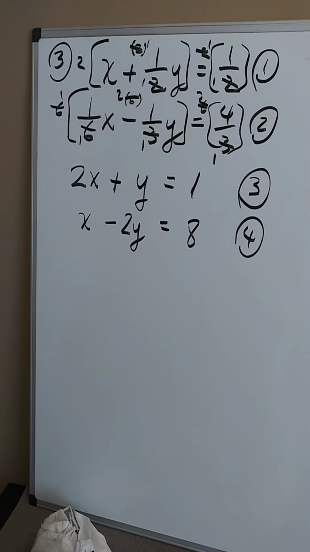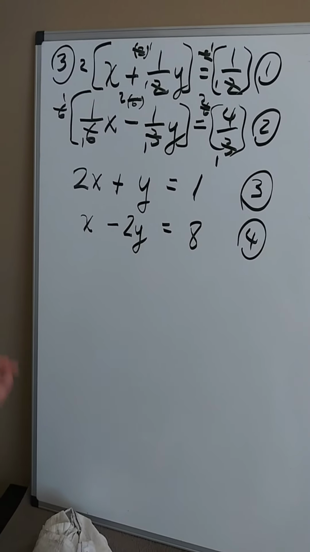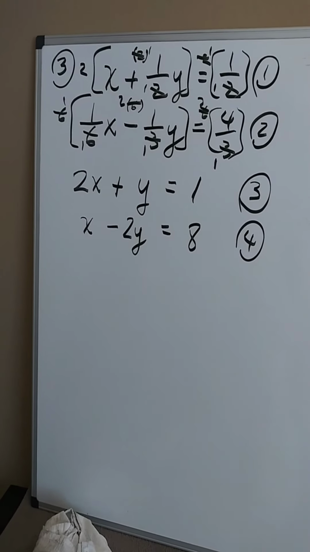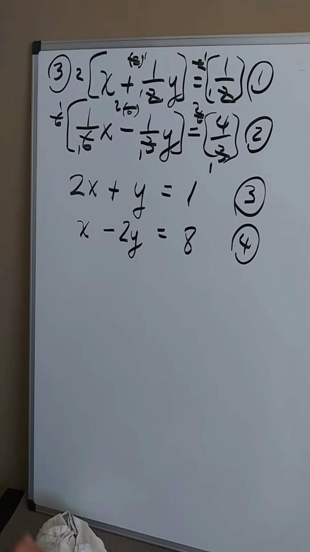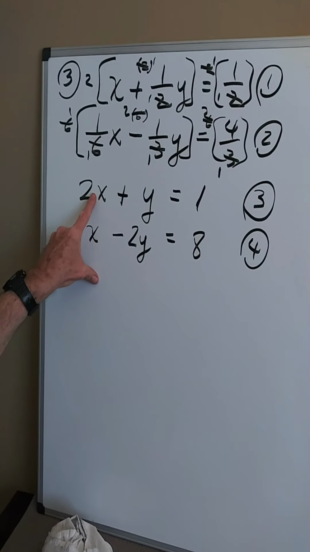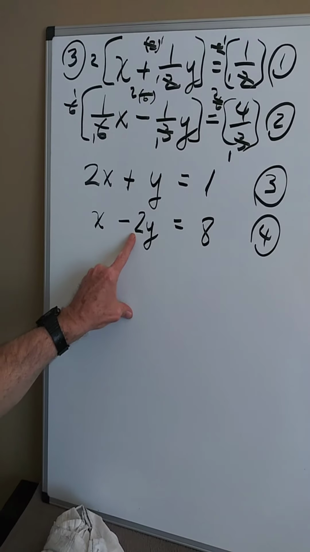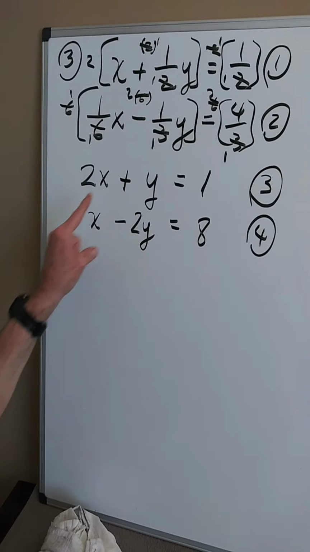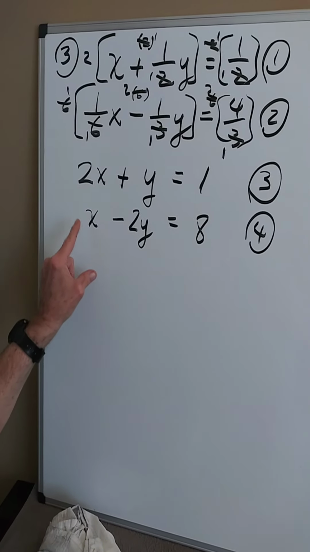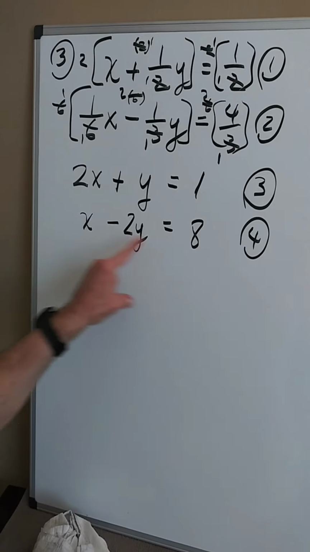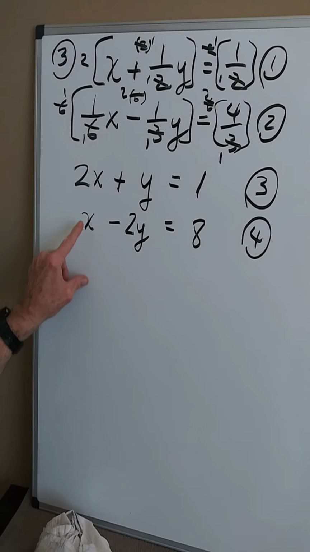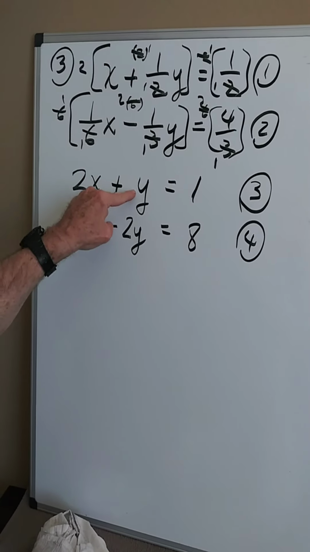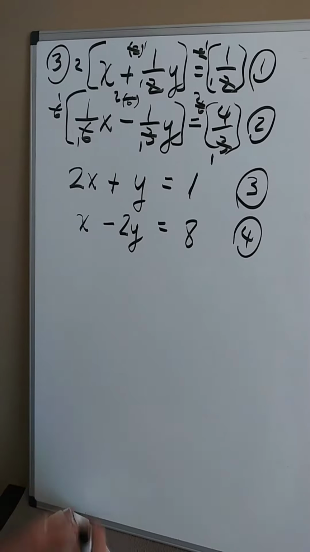Here's the brand new system. I'll look at it and find an equation that has a variable term with a coefficient of either 1 or negative 1. No. No. Yes. Yes. You have a choice. We can either take equation number 4 and solve it for x, or we can take equation number 3 and solve it for y. It doesn't matter.